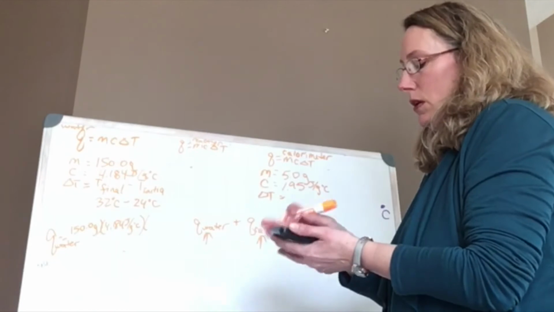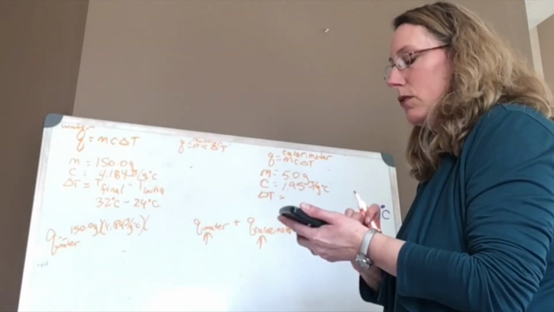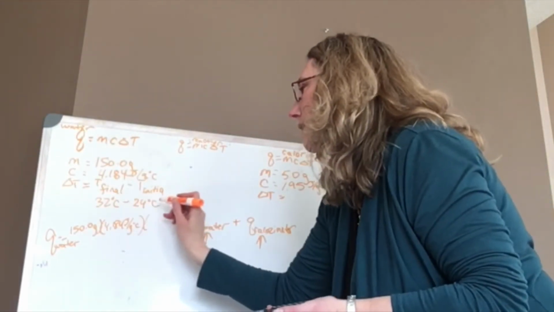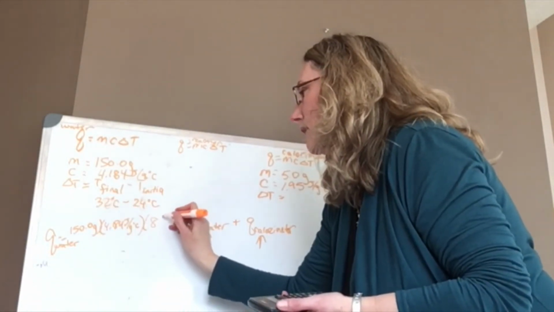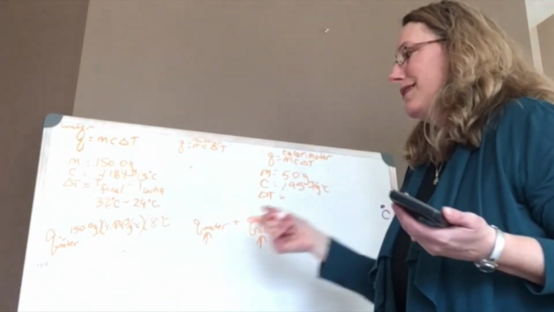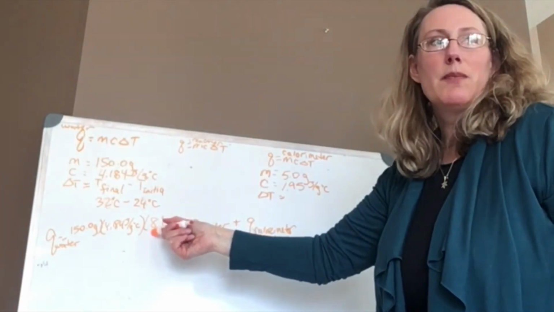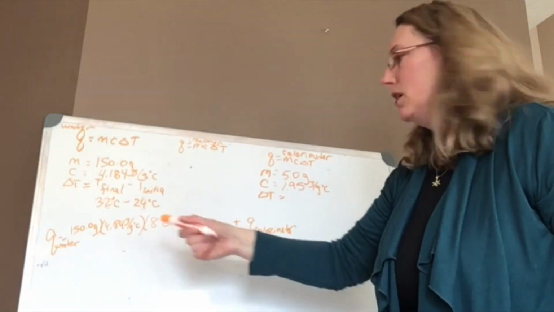So 32 minus 24 is 8 degrees, and I round to the least significant place, so it's still 8 degrees C. So see what happened? I only am going to end up with one significant digit.